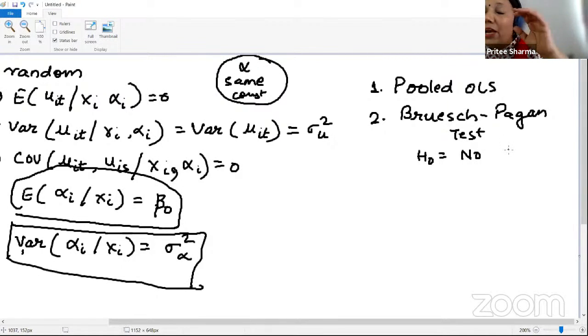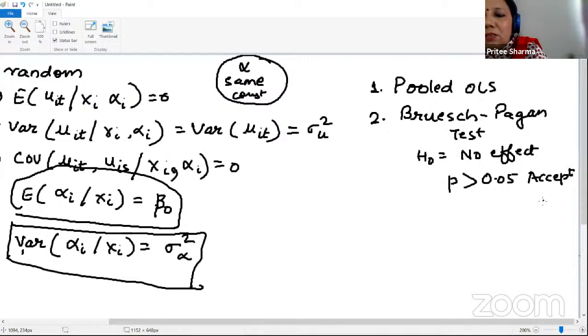So alpha is alpha I only. There is no effect of time. It is time invariant. In that case, if the p-value that comes out after running this test is greater than 0.05, then we accept the H0, which is the null hypothesis. What it means is that our analysis is good enough to be done with pooled OLS estimation.